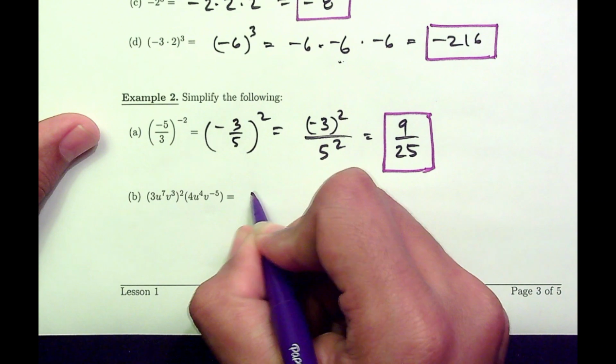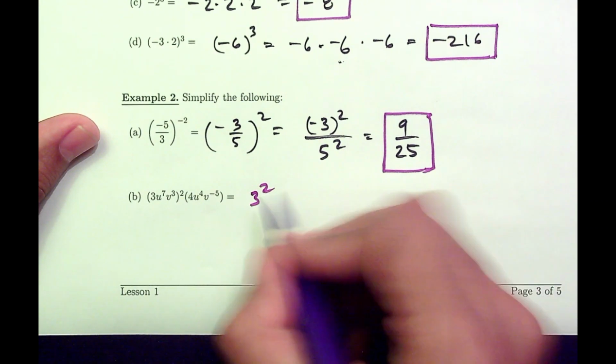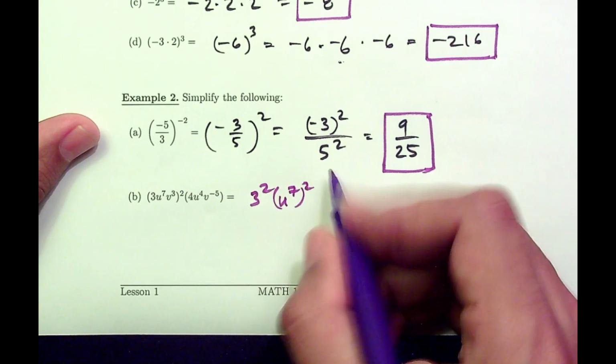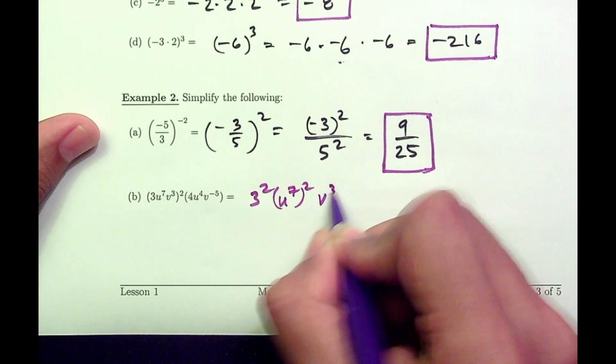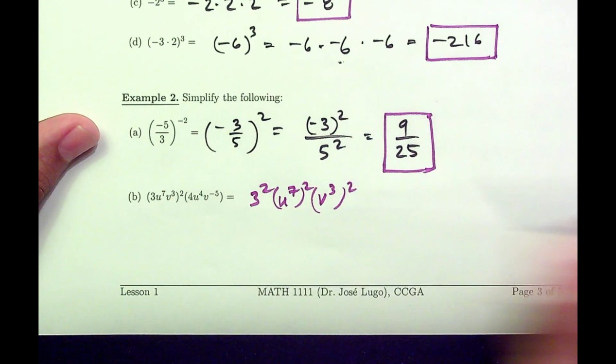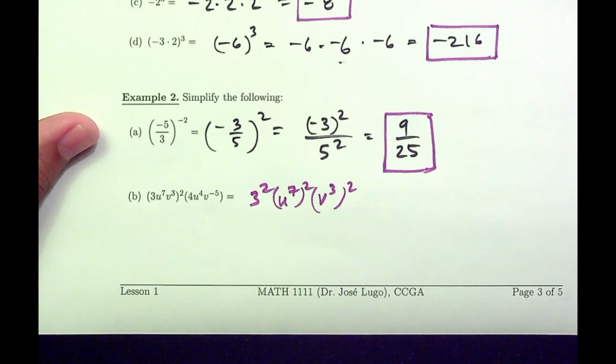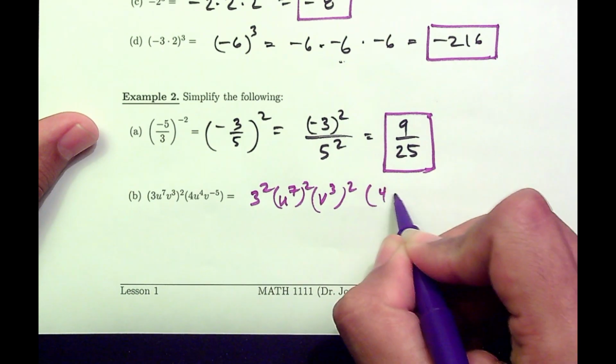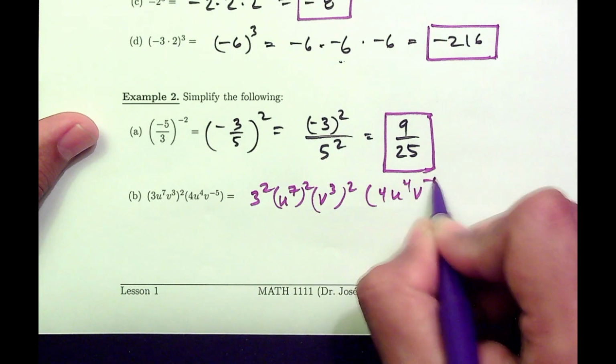So the 3 gets squared. The u to the 7 gets squared. The v to the third gets squared. Everything gets squared. Okay, and then you still have 4 u to the 4, v to the negative 5.